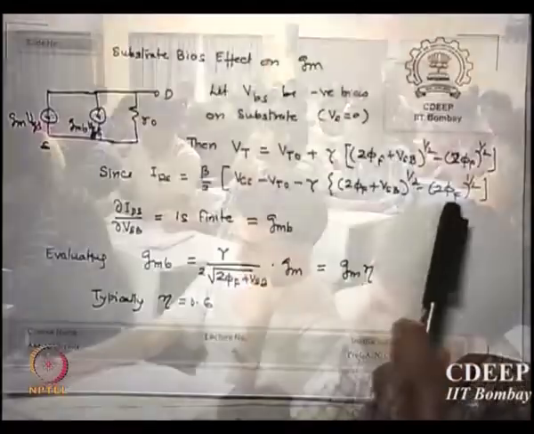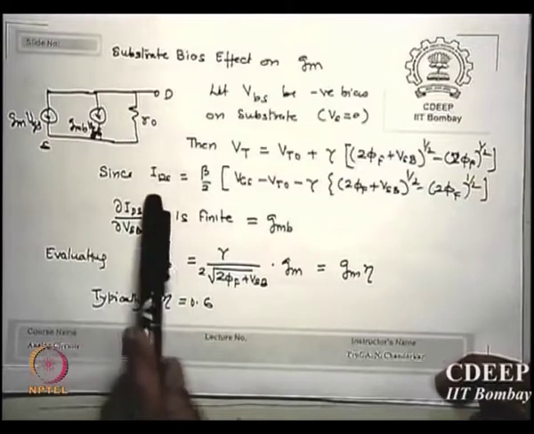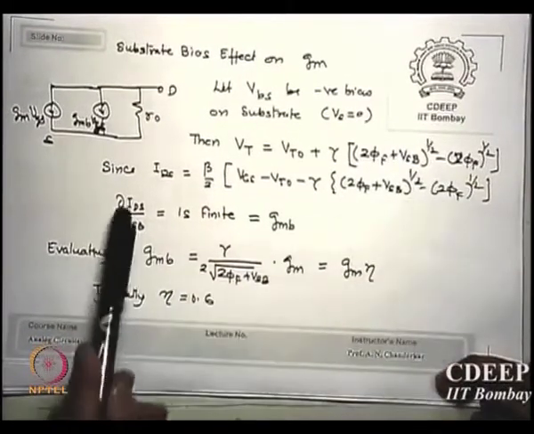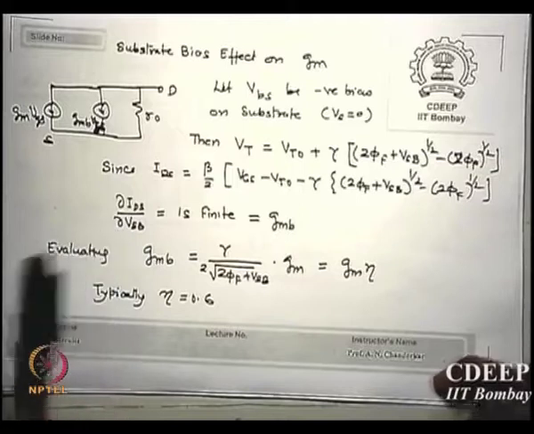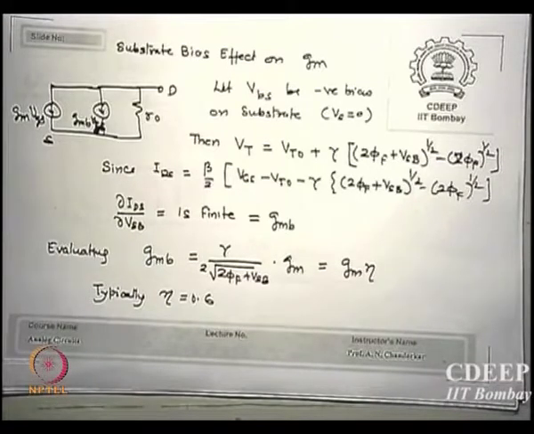If I write this Vt like this, IDS will be like this. If I take delta IDS by delta VSB, which I am defining as GMB, why is it called B? Bulk. Transconductance, change in current with change in bulk voltage, is called GMB, bulk transconductance.